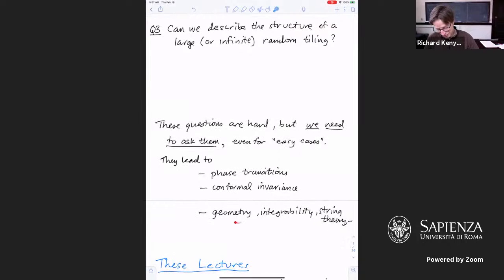There are connections with geometry, algebraic geometry, integrability, even string theory. So this study of random tilings, which has been going on, well, maybe for 100 years, but not really much longer, I guess, has really led to a lot of interesting mathematics and physics.